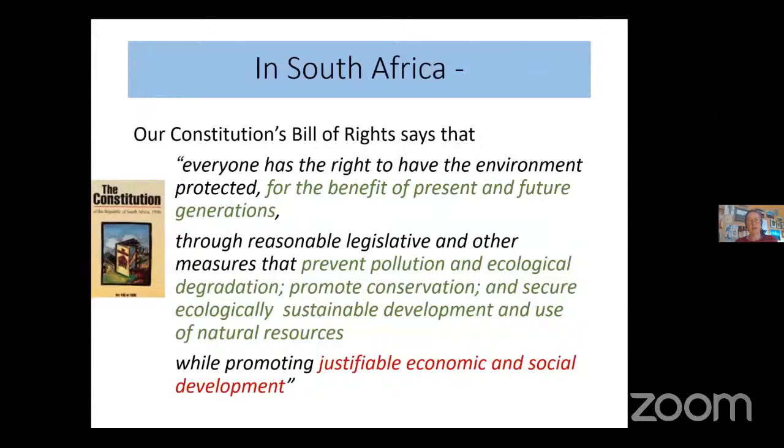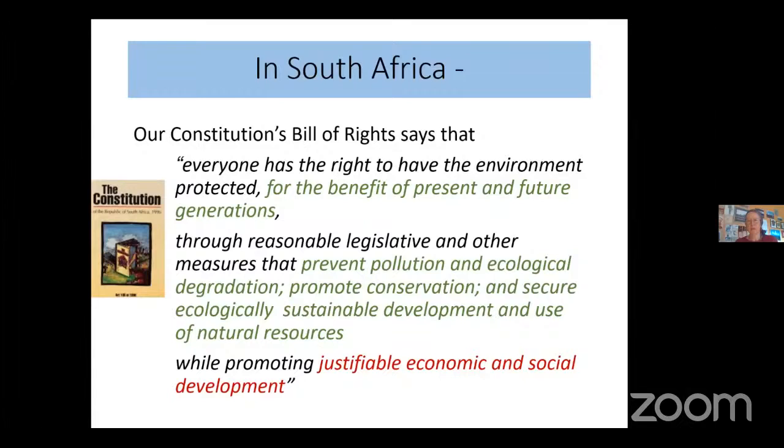And it goes on to say, through reasonable legislative and other measures that prevent pollution and ecological degradation, promote conservation, and secure ecologically sustainable development and use of natural resources, while simultaneously promoting justifiable economic and social development. So it has to be justifiable, but the emphasis is on this ecologically sustainable development.